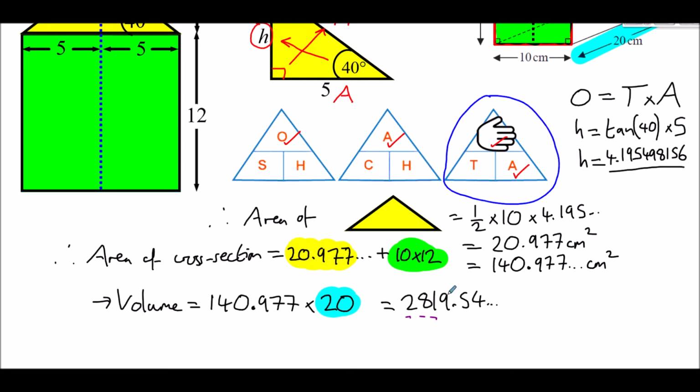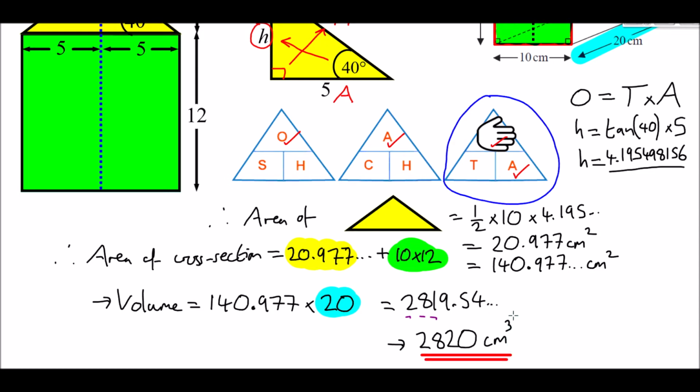Look at what the 1 is next to. It's next to a 9. 9 is 5 or higher, obviously, so that forces this one to round up to a 2. So we get 2820 cm cubed. Remember, units of volume are always cubed units of lengths. And that's our final answer given to the appropriate degree of accuracy.